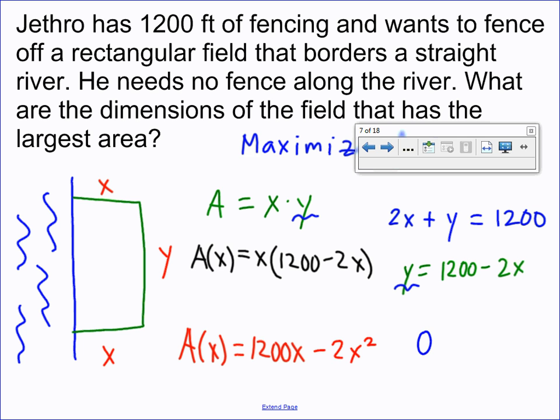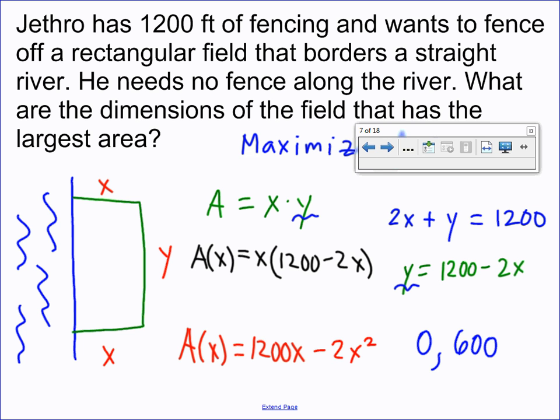And so I'm thinking 0 would be the leftmost value of my x domain. And then if I used all of my fencing up on the horizontal dimensions, top and bottom, and left nothing for the vertical dimension y, then when would x run out? Well, it would run out when I used 600 feet for the horizontal dimension, because then on top would be 600, on bottom 600, that's used up my 1,200, and I'd have nothing left. And so it looks like the practical domain for this situation would be 0 to 600 for x.